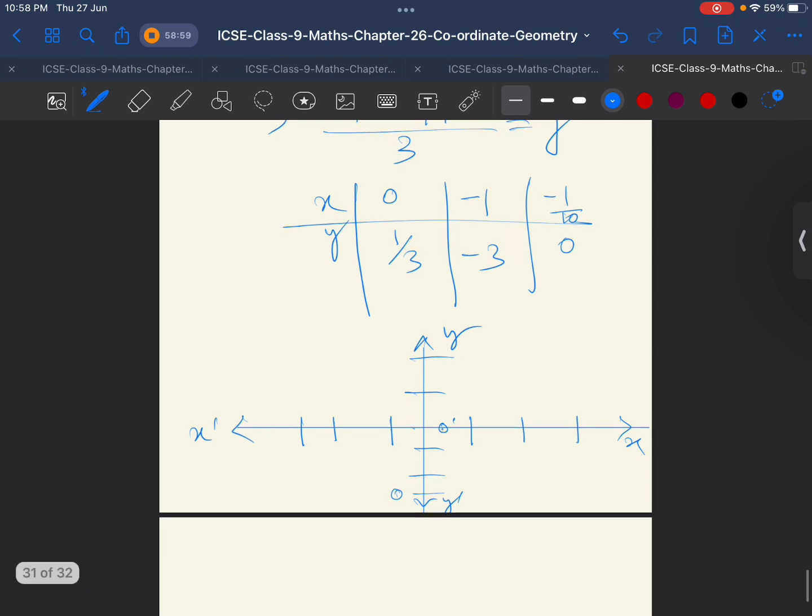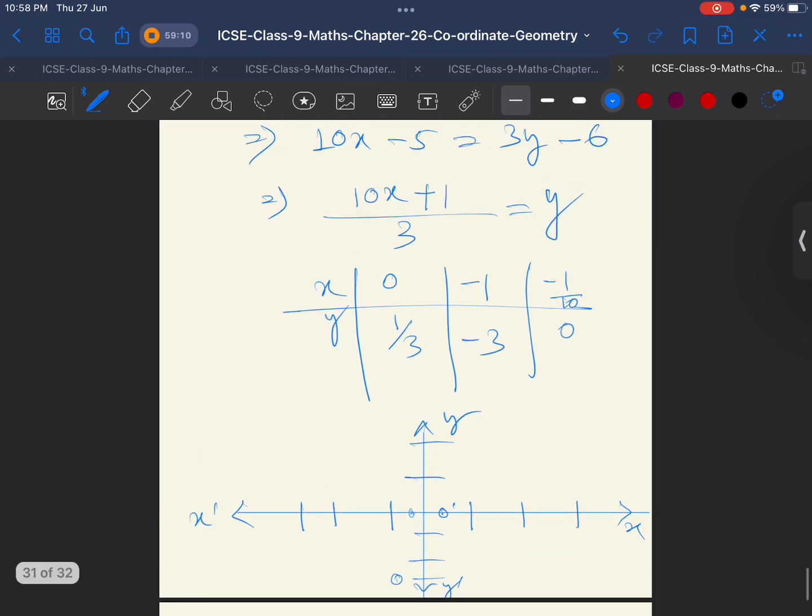So this point will be here. But 0, y here x 0, then y is 1 by 3.